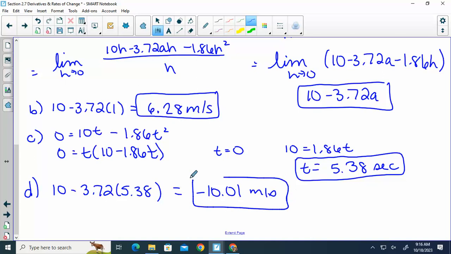It's falling. Velocity is like speed with direction. Questions there?